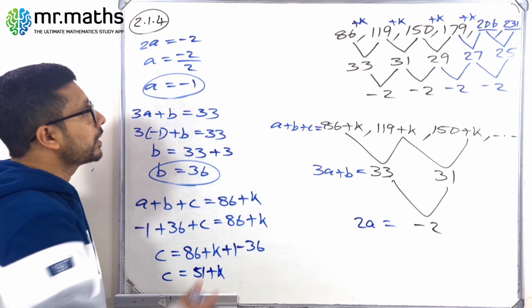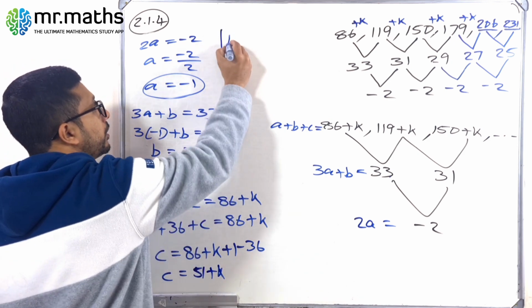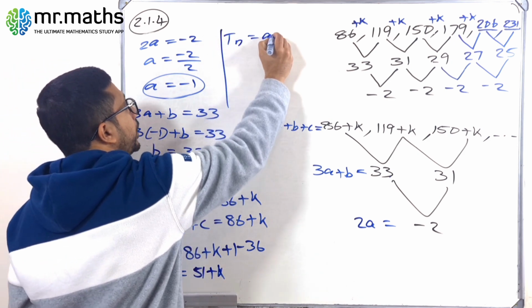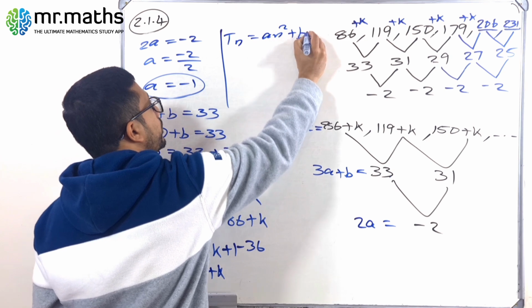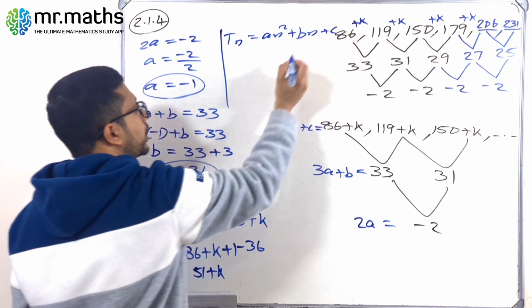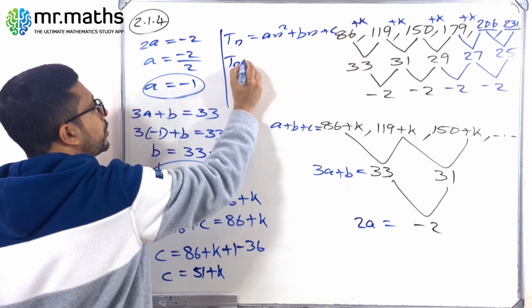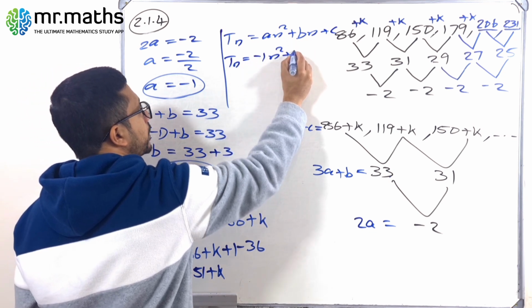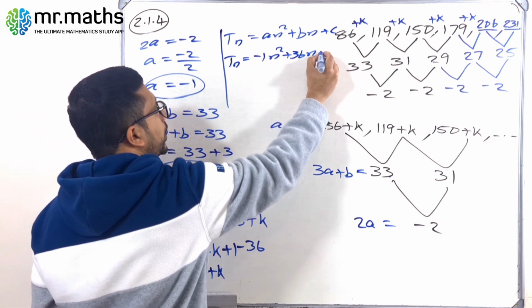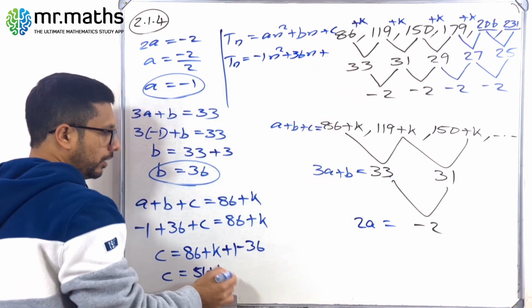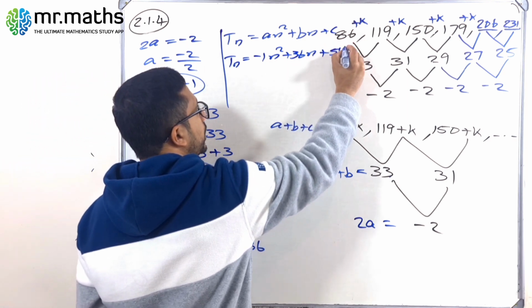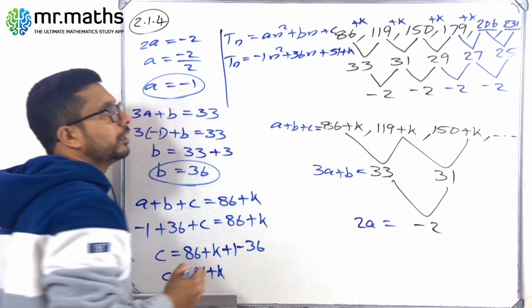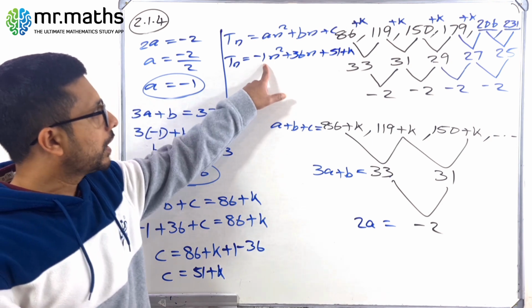So now what is the general equation? Tn is equal to an square plus bn plus c. So here Tn is equal to a is minus 1, n square, plus b is 36, n plus c. What is c? 51 plus k. Now look at this one. These ones are the same.